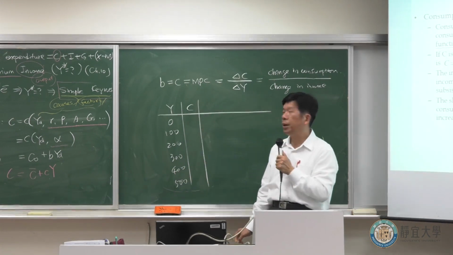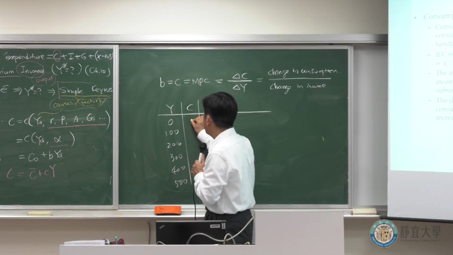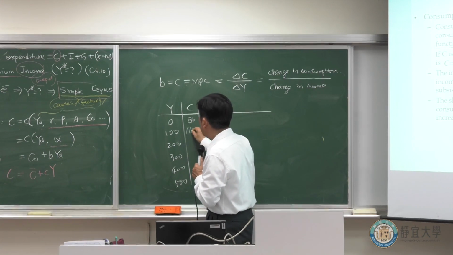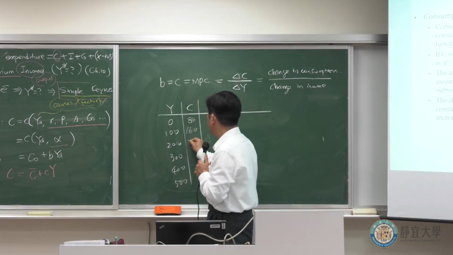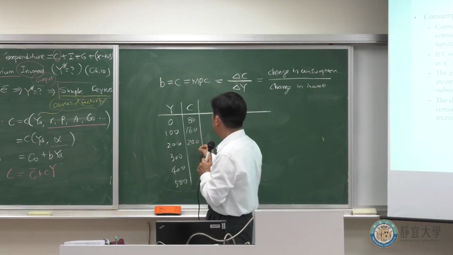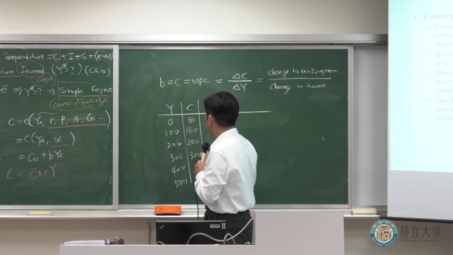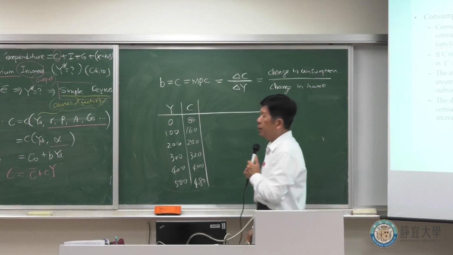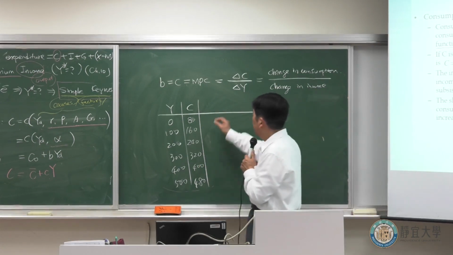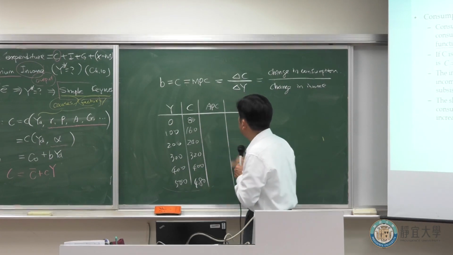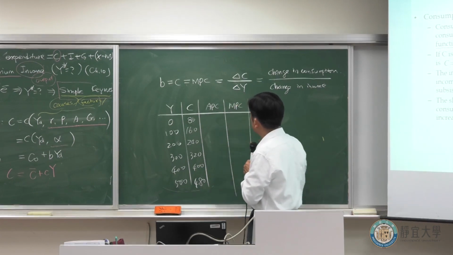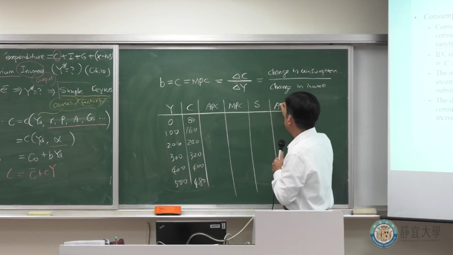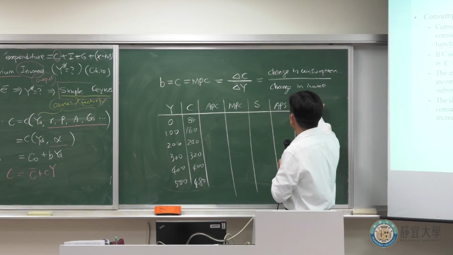Maybe here is 800, and here is 160, 240, and so on. After that, we can try to calculate the APC and the MPC. You can also try to find S, savings, and the APS and the MPS.